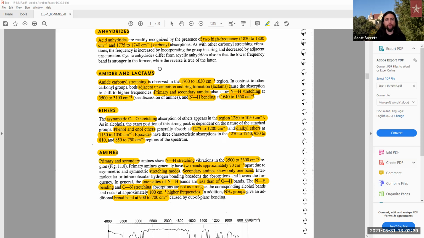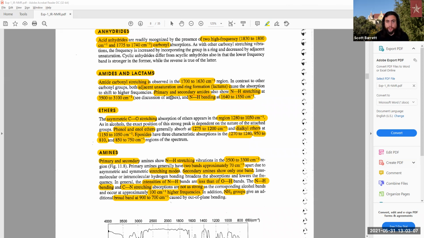So going forward into amides and lactams, amide carbonyl stretching is observed in the 1700 to 1630 region. Additionally, both adjacent unsaturation and ring formation cause it to shift to higher frequencies. So if you do have those characteristics adjacent to your amides, then you would notice it to be closer, maybe in the higher carbonyl area, the 1750s or so.